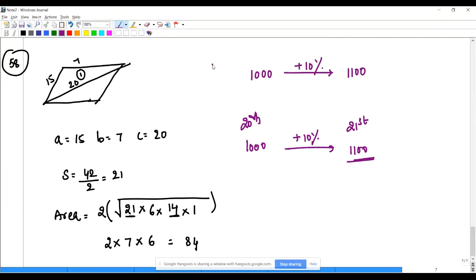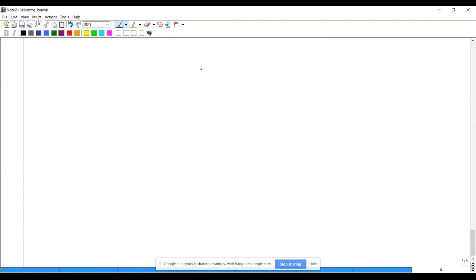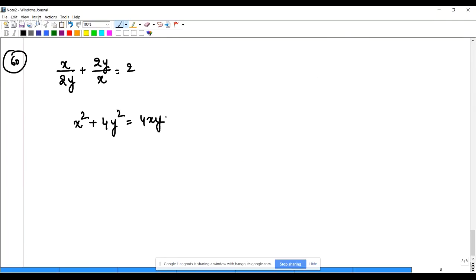60. Question number 60 is given as x by 2y plus 2y by x is equal to 2. You cross multiply it. You get x square plus 4y square is equal to 4xy, which can be written as x minus 2y whole square is equal to 0.